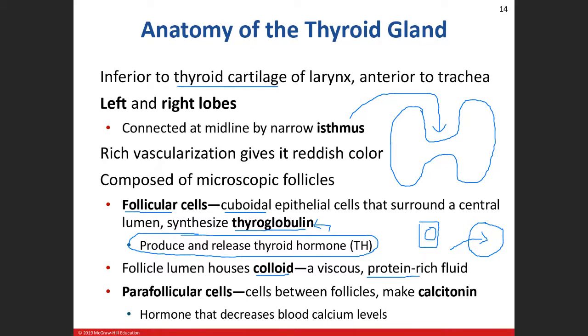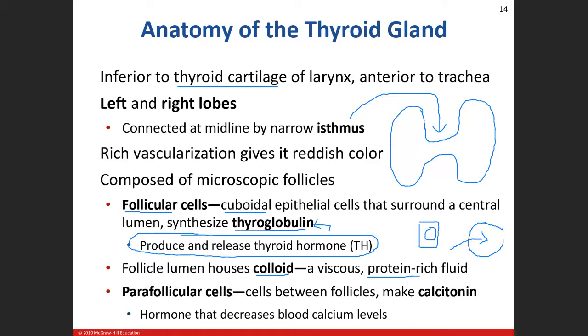So there's another set of cells in the thyroid gland, and they're outside the follicles. I worded that horribly, so scratch what I just said.